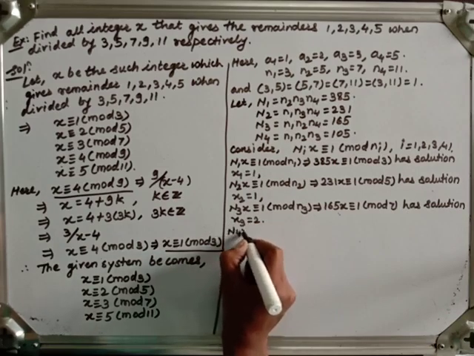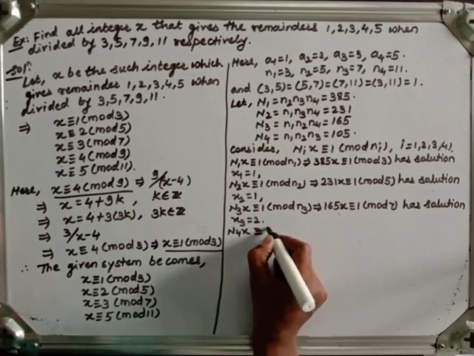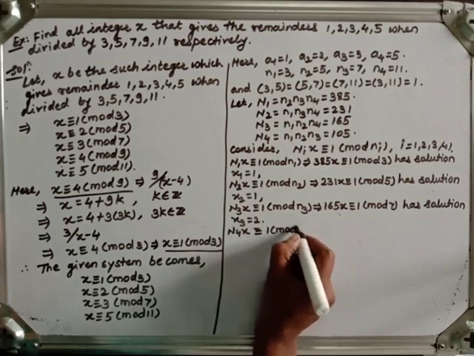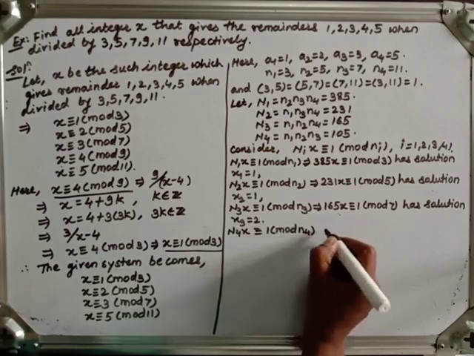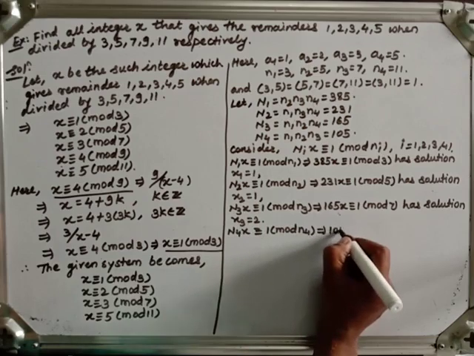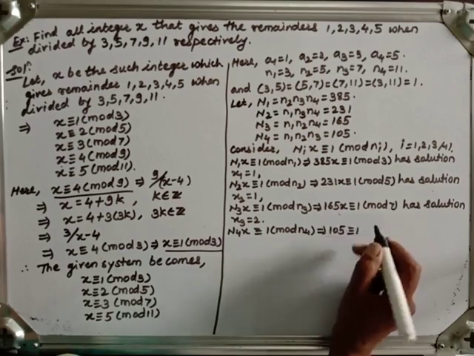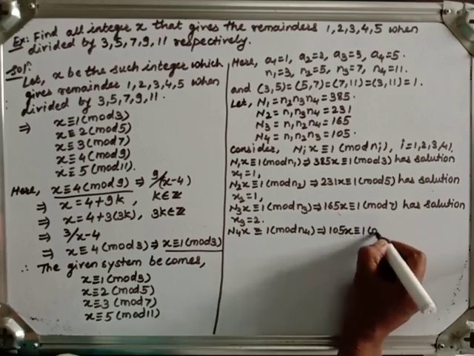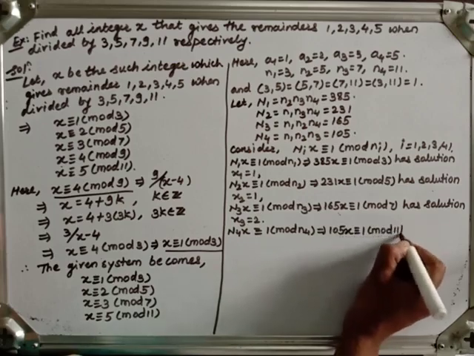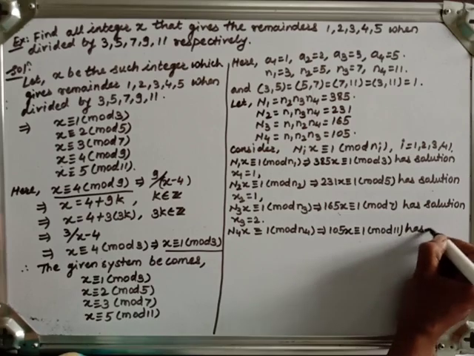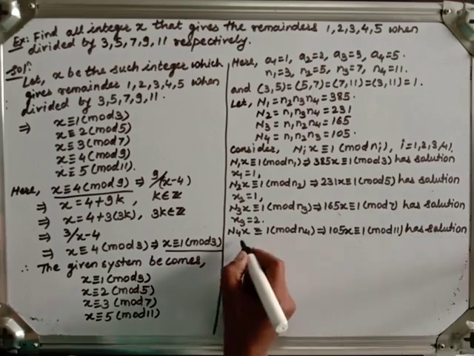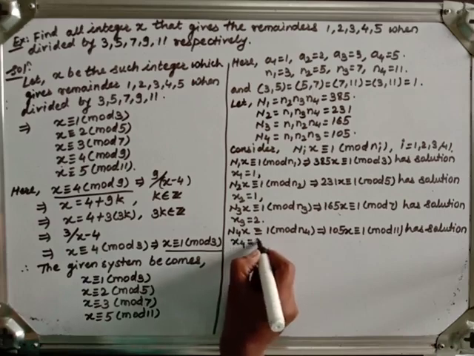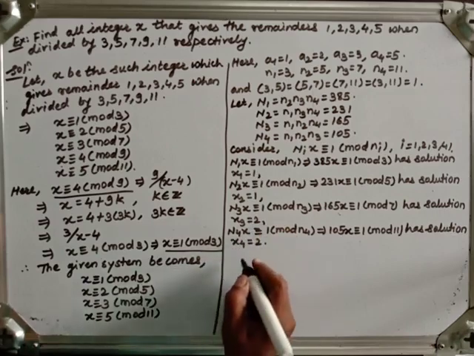And N4 x congruent to 1 modulo n4, that is 105x congruent to 1 modulo 11 has solution x4 equal to 2. Okay.